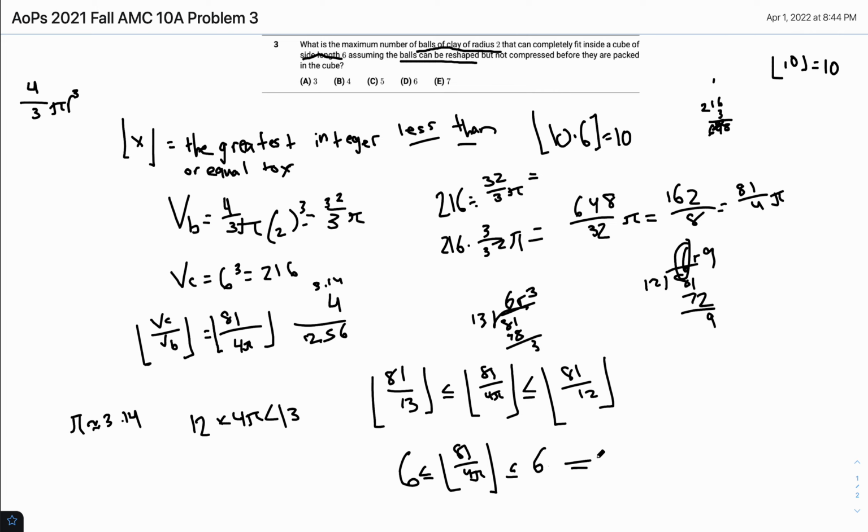And this means that the floor of 81 over 4 pi is 6, because the value must be between 6.00000 and 6.99999. So we know it must be 6, which is D, our final answer.